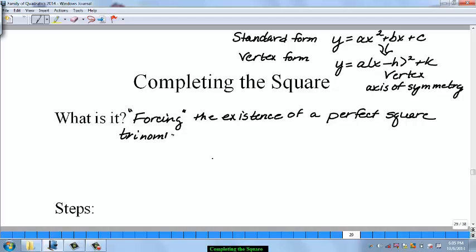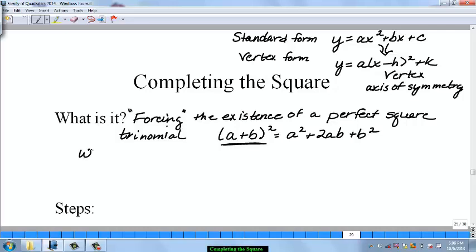Well, this is what completing the square is. It's not exactly the square that you think of. It's more like this: (a plus b) squared. This is what we want. And if I were to multiply that out, it'd be a squared plus 2ab plus b squared. So we're going to take some information that we have, a formula, and we're going to go through and make this happen. We're going to force it to happen.